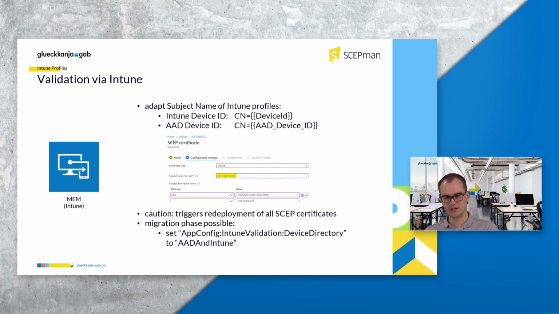Clients that have not switched yet to the new SCEP certificate with the Intune device ID in it are then still valid with their certificates, because SCEPman accepts both directories at that point. When the migration is done, when all clients have their new certificates with the correct ID in there, then SCEPman must not trigger both sources in parallel anymore, and then you can just switch to Intune only if wanted.